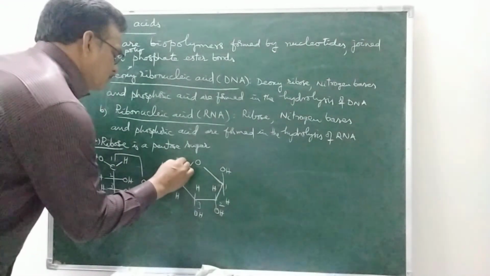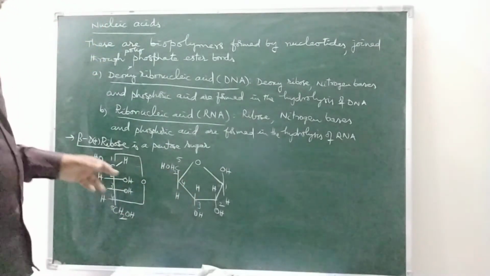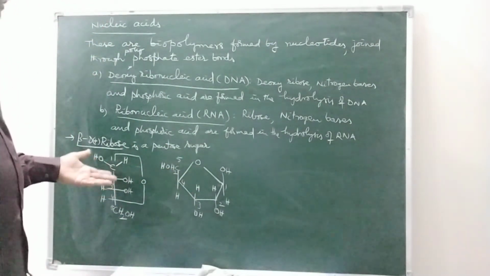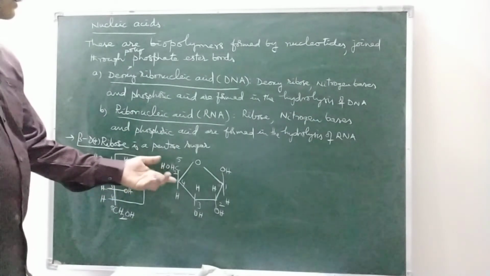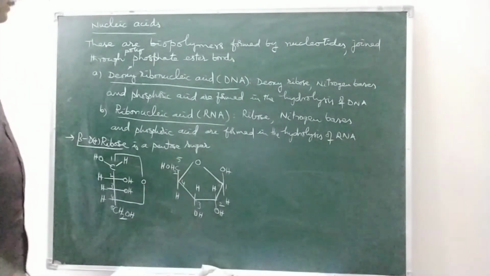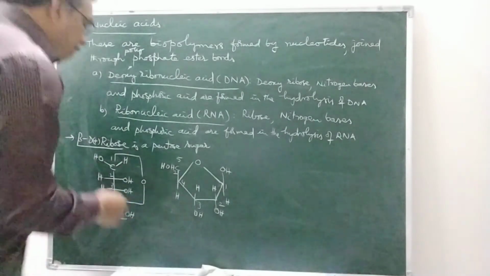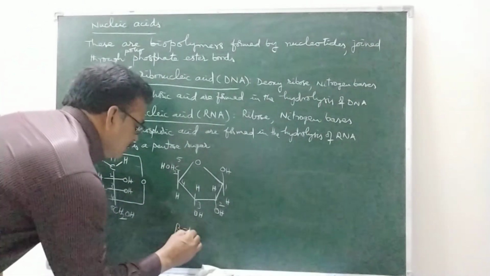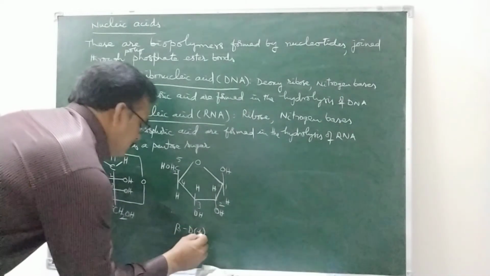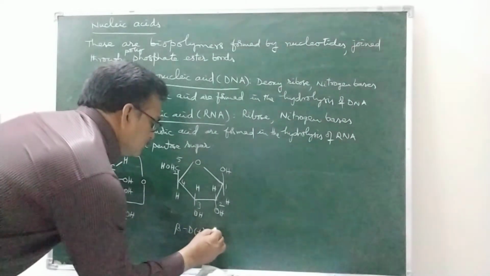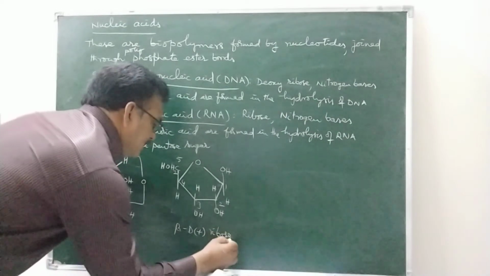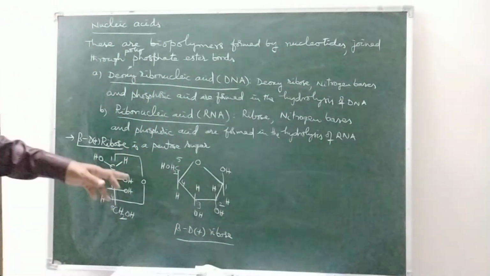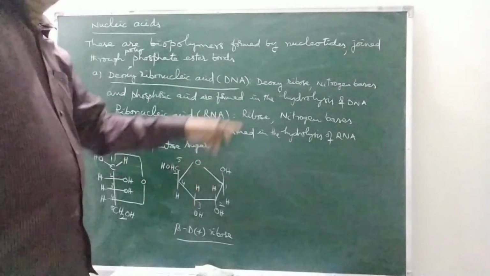So this cyclic structure, from the Fischer projection, can be written as the Haworth structure like this. This is beta D plus ribose.